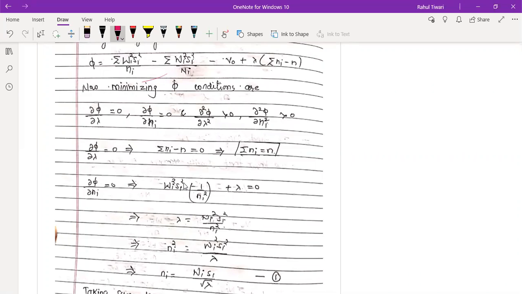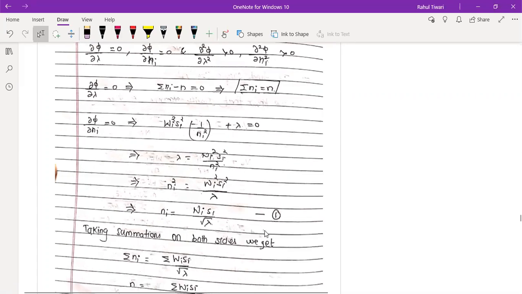So we have Wi square Si square minus 1 upon N square Ni square plus lambda is equal to 0. One can simplify and get the values of Ni from here.